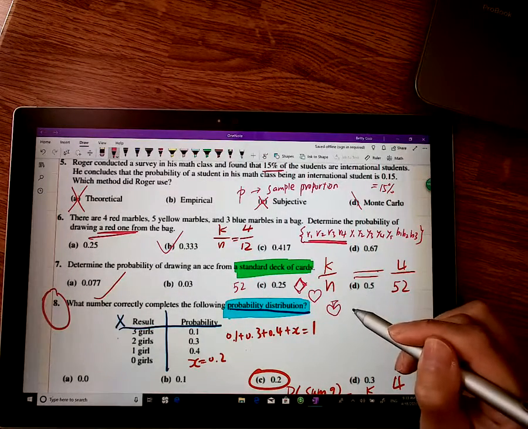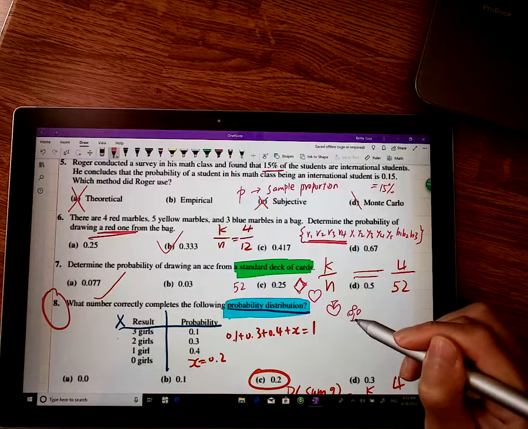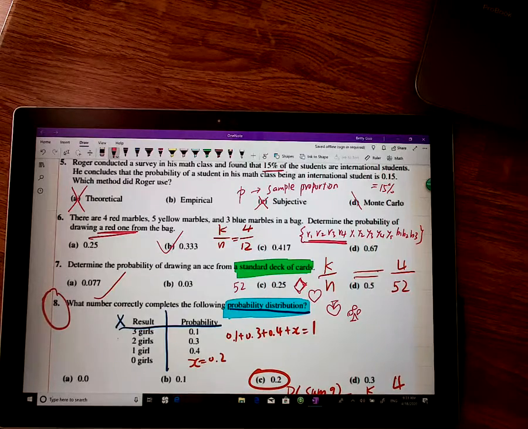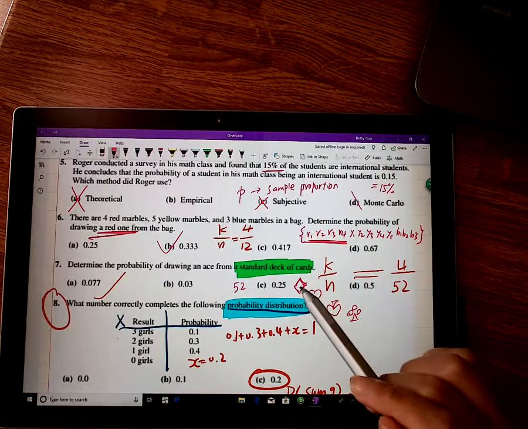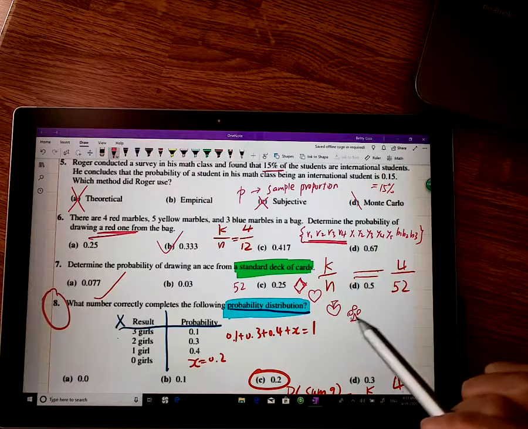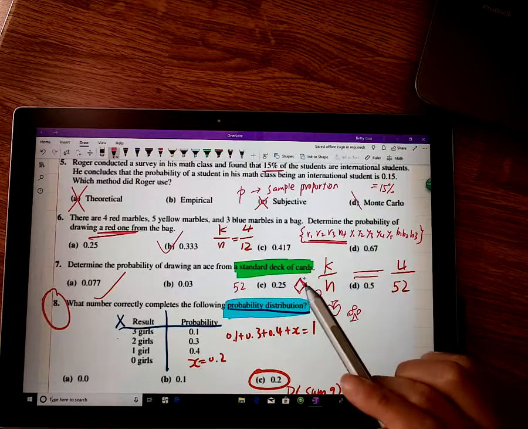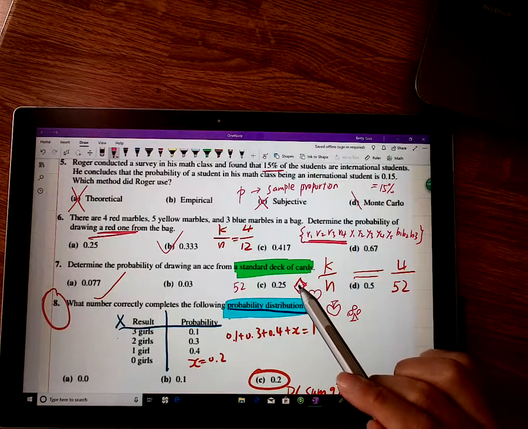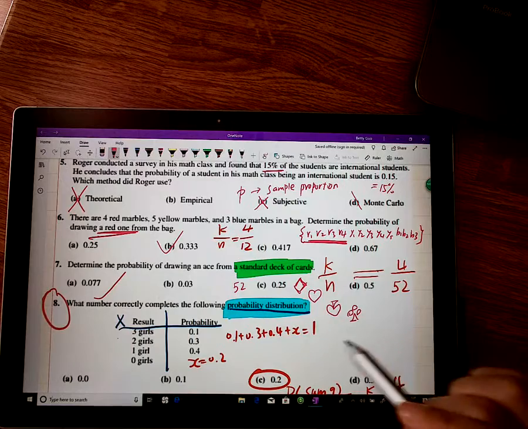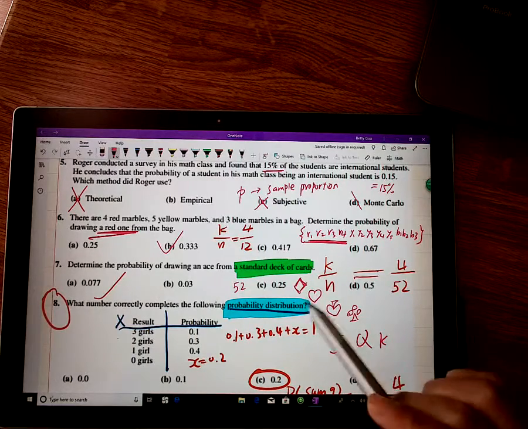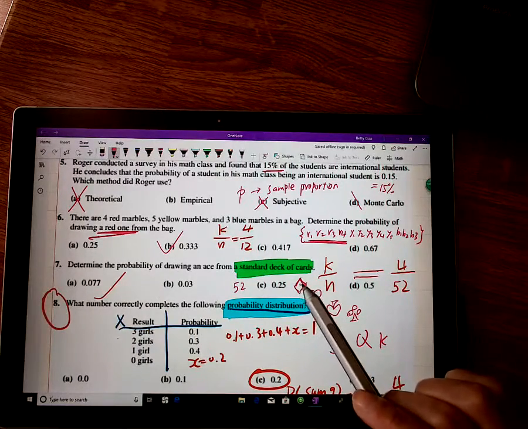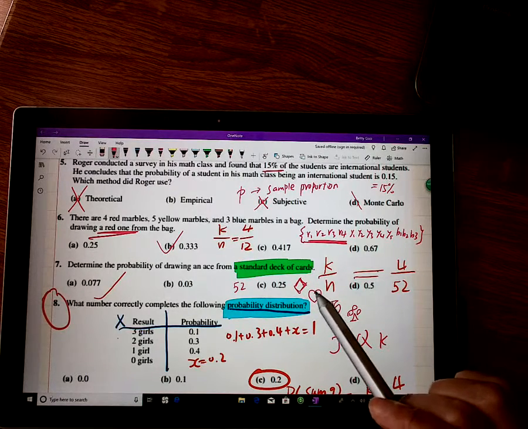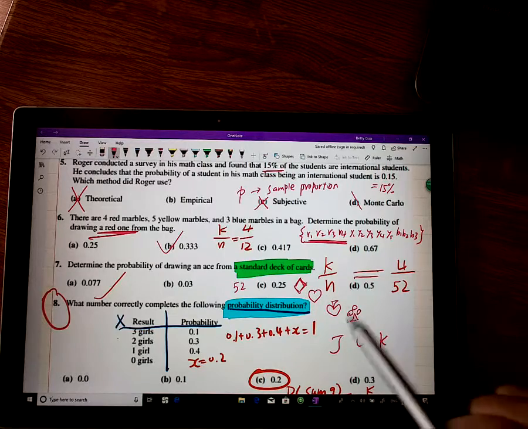And another 13 clubs. Am I right about the terminologies? Yeah, so 13 diamonds, 13 hearts, 13 spades, 13 clubs. And the 13 diamonds, we have ace, 2, 3, 4, 5, all the way to 10, and also J, Q, K, right? So from number 1 all the way to 13, diamond. Same with this one. From number 1 all the way to 13, this one. And 1 to 13, this, 1 to 13 here.